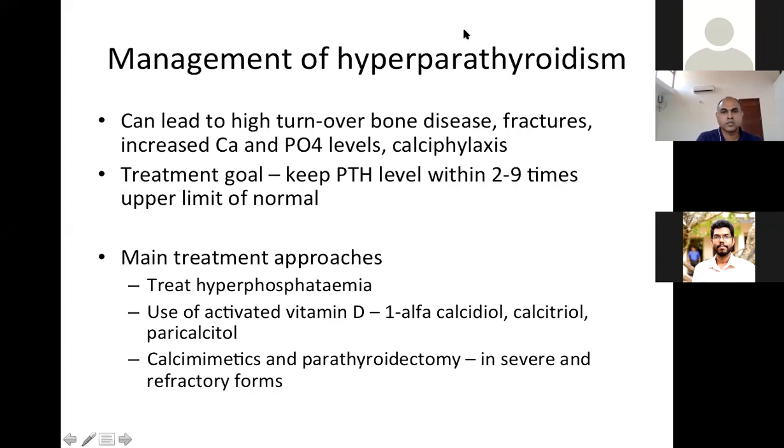Any questions up to now? Because we are moving on to the next part, which is renal replacement therapy. So before that, we can answer a few questions. No questions. Okay, if you want, you can ask them later.